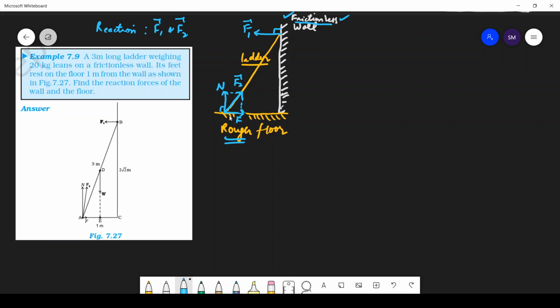So N is your reaction force, and F is your frictional force. F2 is the resultant of this reaction force and friction force, so F2 has part of the reaction force also. So F2 equals N plus F.